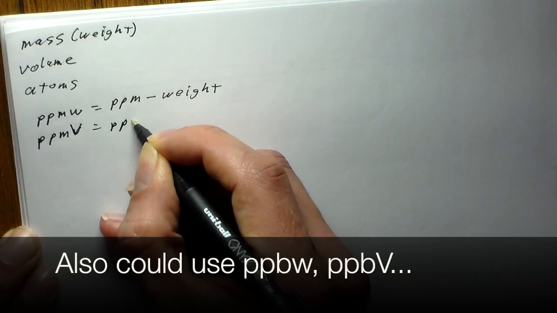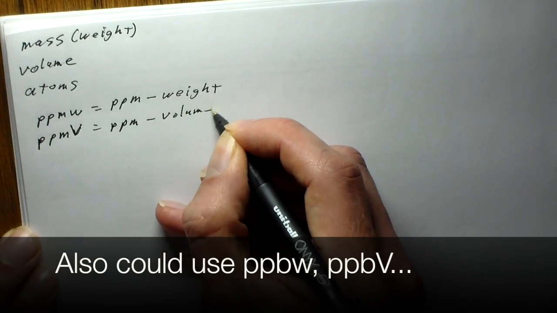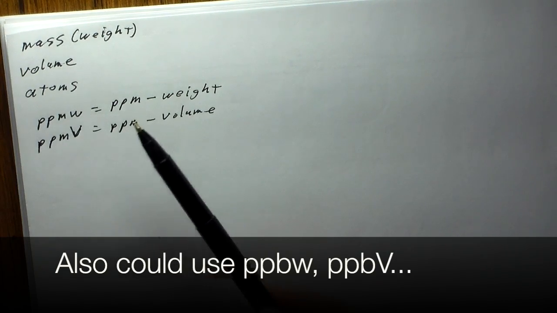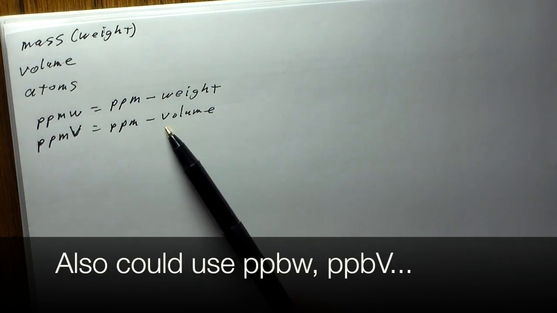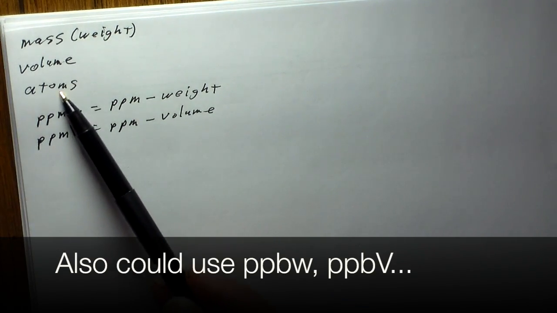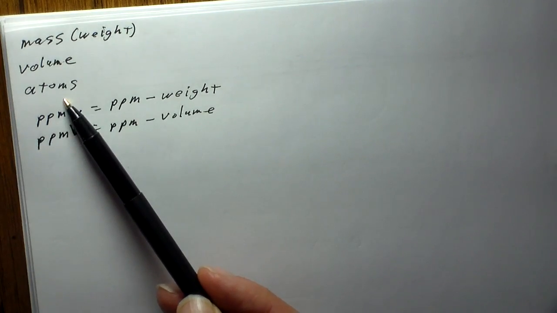And this would be your parts per million in terms of the volume. If you're dealing with the atoms, usually those are going to be maybe in terms of volume as well. That is dealing with the gas laws and stuff, but there is no specific thing if you're dealing with atoms. It would just have to be stated explicitly.